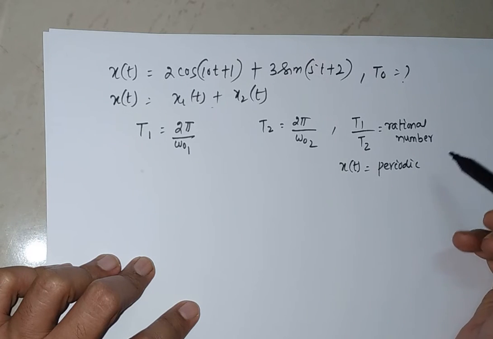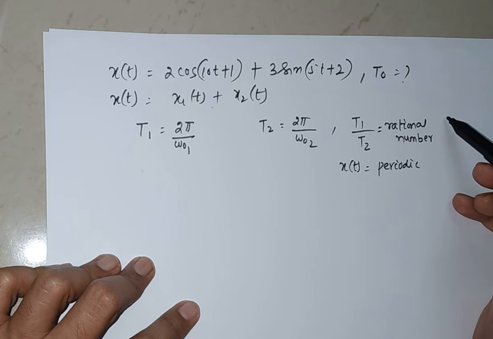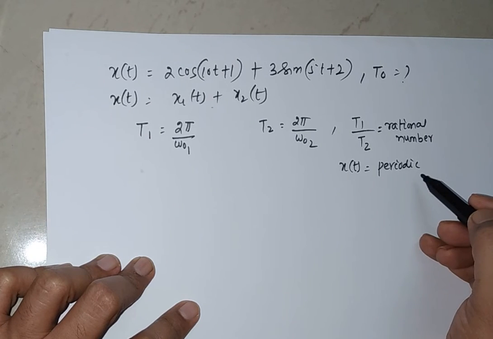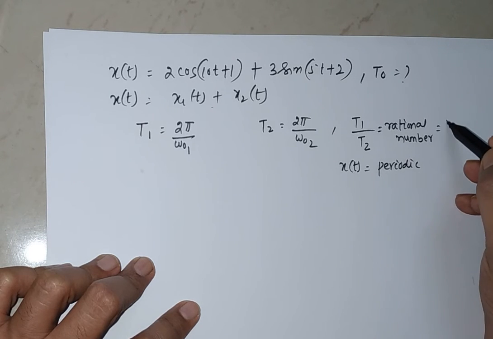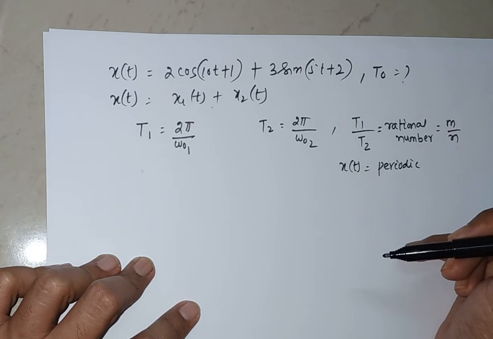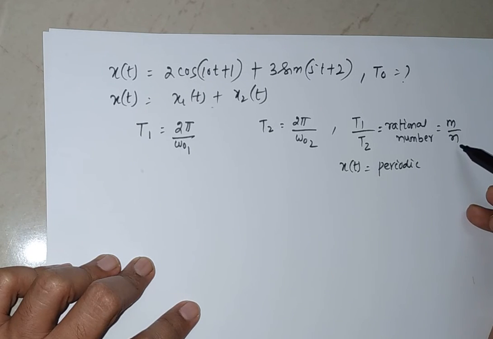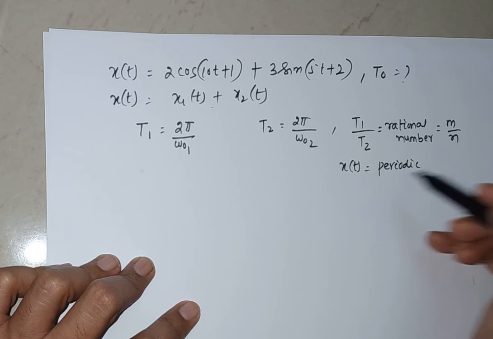Rational number means integer by integer, simple. Let t1 by t2 be a rational number m by n, where m and n are integers. Then it is periodic.